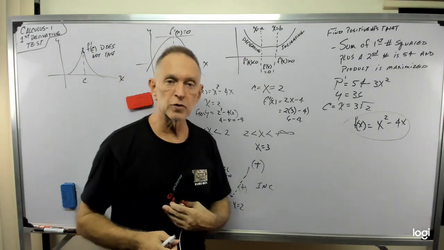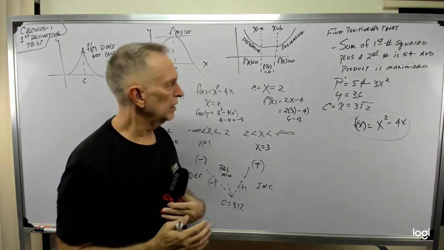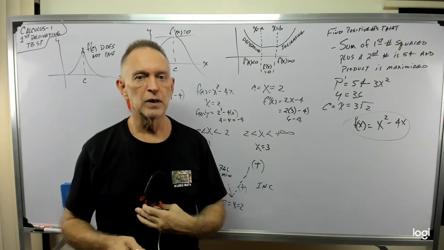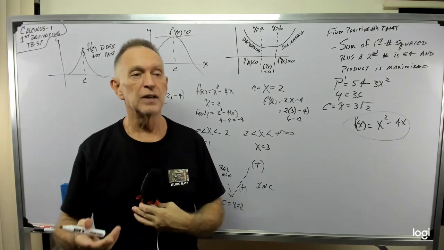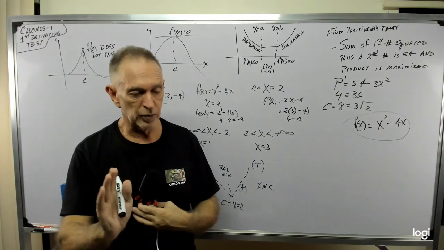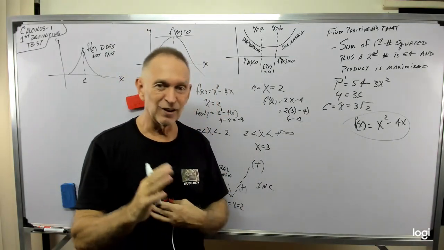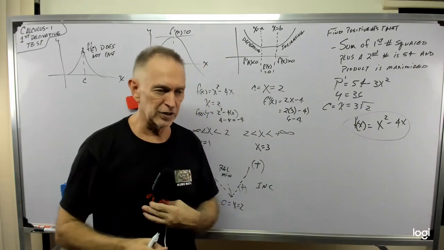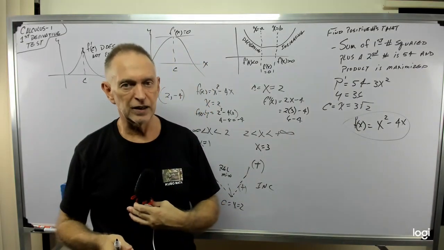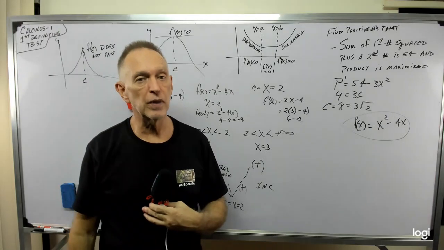Hopefully this helps. Work as many problems as you can, and we'll have more as we go, because eventually we'll get to the second derivative test, looking at inflection points, when the things start changing from going up to going down. What's that inflection? And then understanding the second derivative test and what we can do with that.